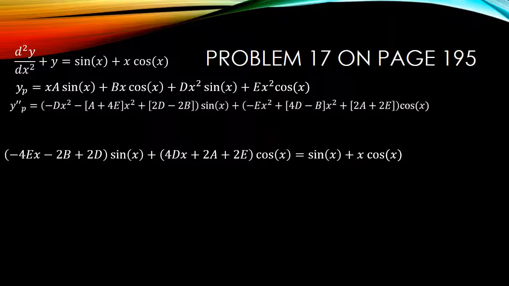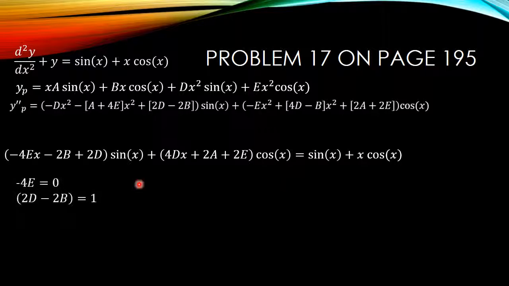So I have a coefficient here times sine, and I have a coefficient here times sine. I have a coefficient here times cosine, and I have a coefficient here times cosine. So if we look over here, let's do the sine terms first.